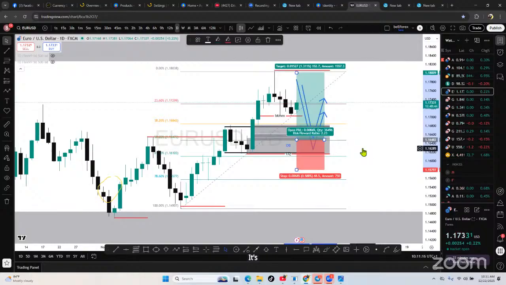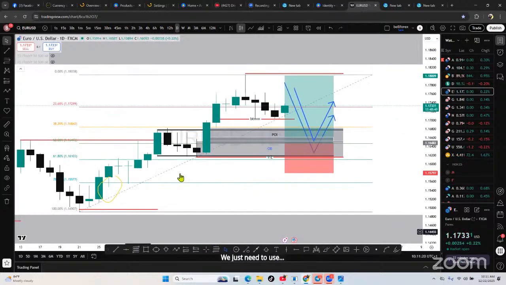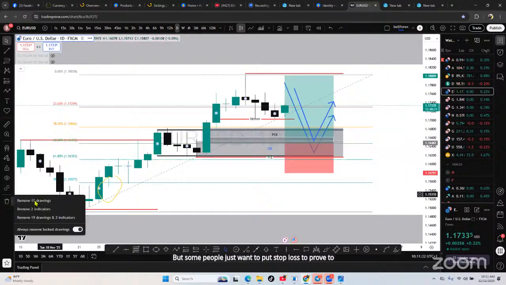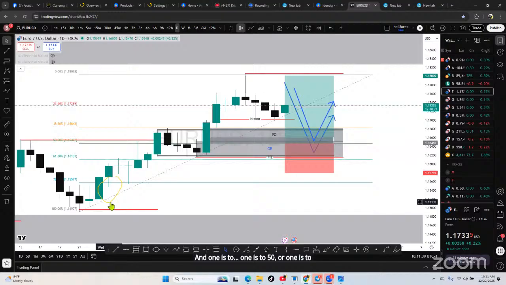It is okay, considering the fact that we just need to use a smaller lot size in this movement, because the stop loss is not theoretical, it is practical. If you are entering your trade here, where can your stop loss be? But some people just want to put a stop loss to prove to us that they want to go into a 1:50 or 1:10 risk reward ratio.